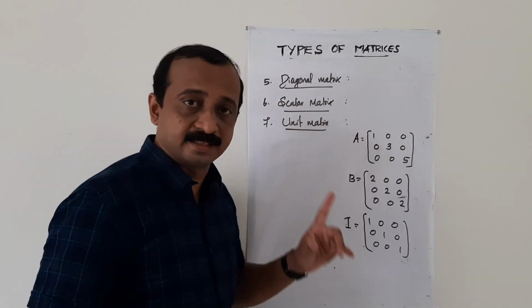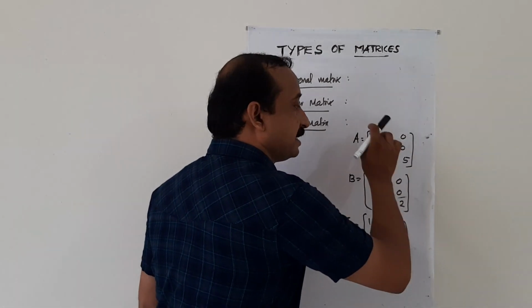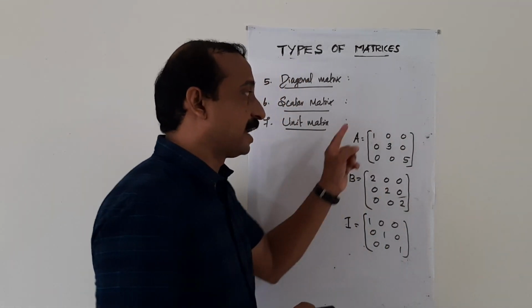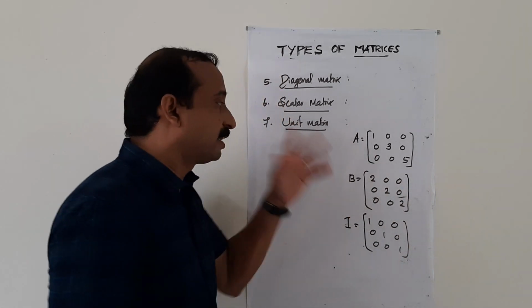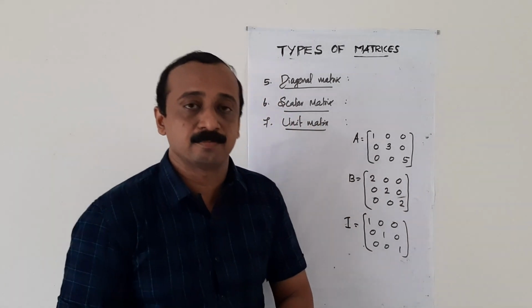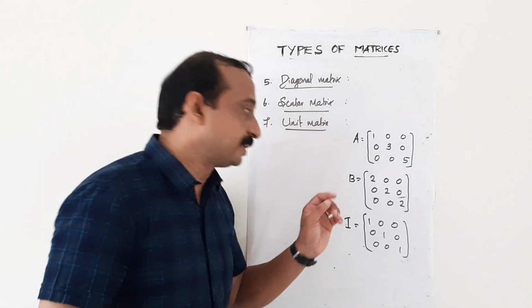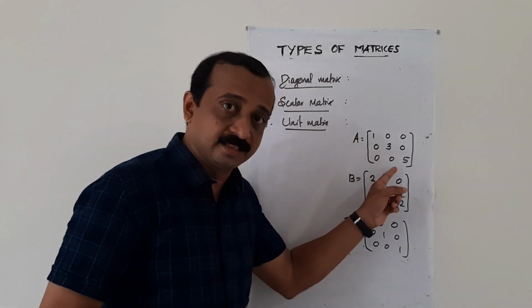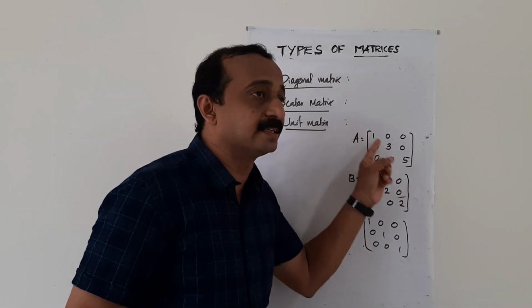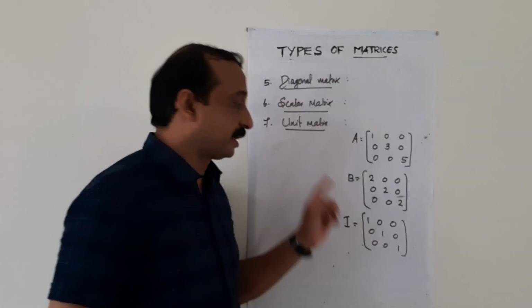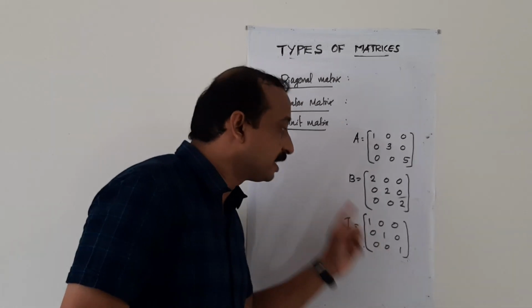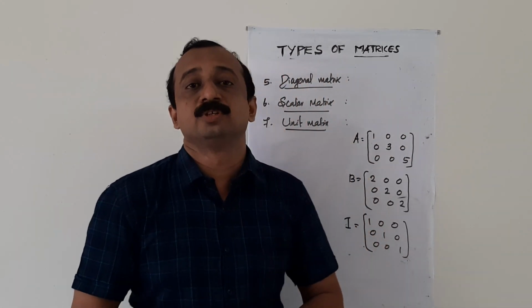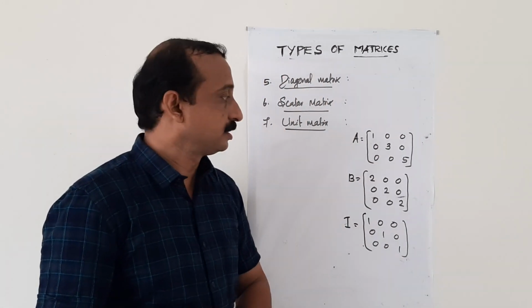A diagonal matrix in which the non-zero elements are equal. What is unity matrix? A diagonal matrix in which the non-zero elements are unity, that means one. That type matrix is called unity matrix or identity matrix.